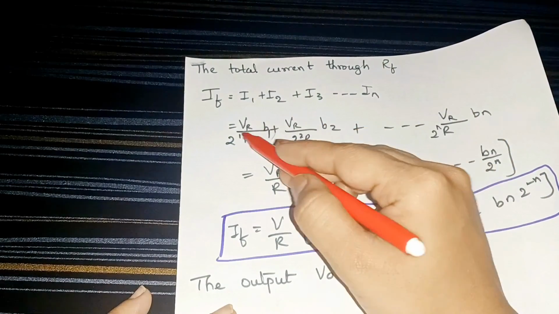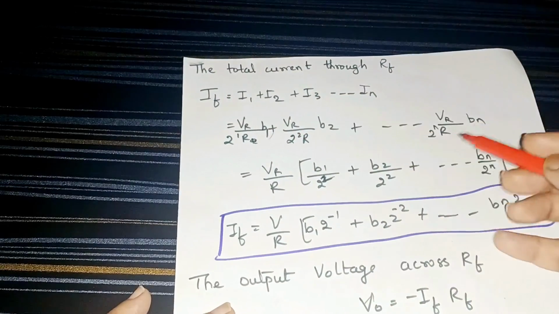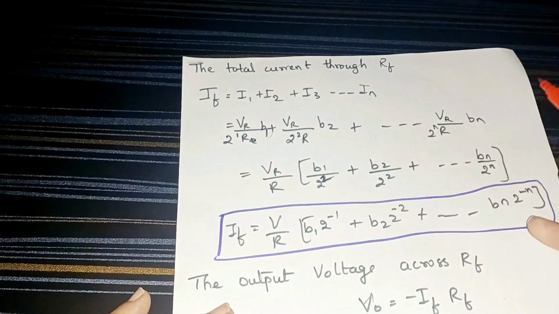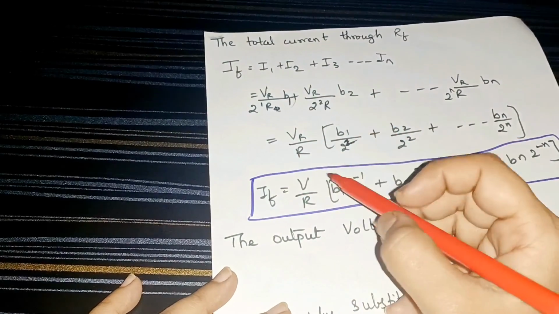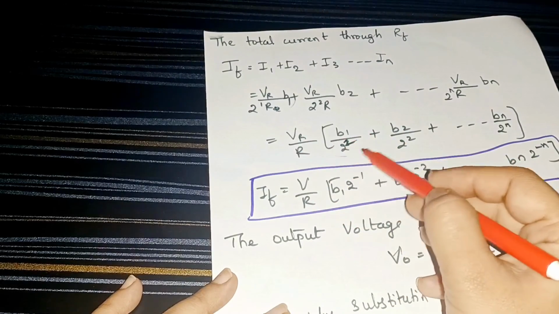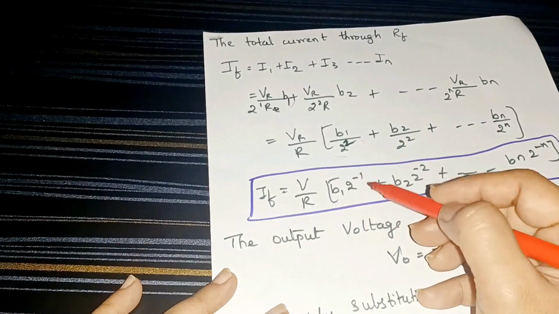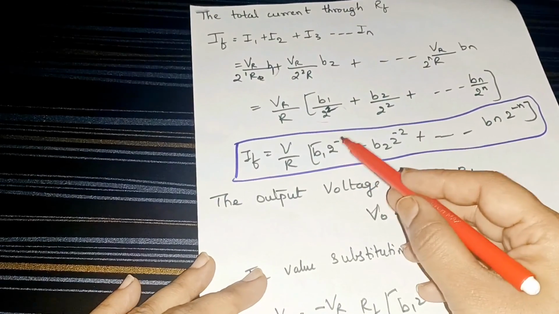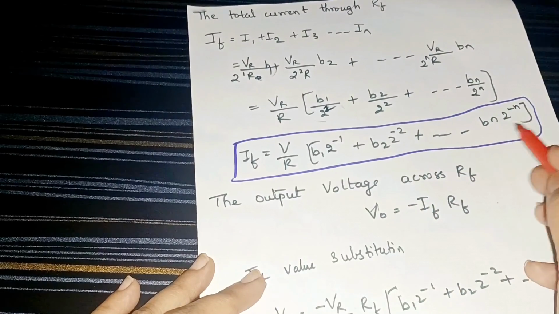For binary digit 1 we have 2 raised to power 1, for binary digit 2 we have 2 raised to power 2, so we can have n bits and n binary digits. So IF equals voltage reference divided by R, multiplied by binary digit 1 into 2 raised to power minus 1, binary digit 2 into 2 raised to power minus 2, and so on till n.